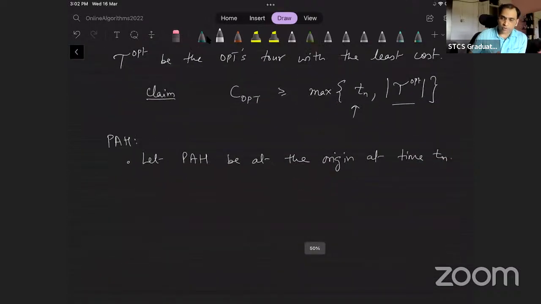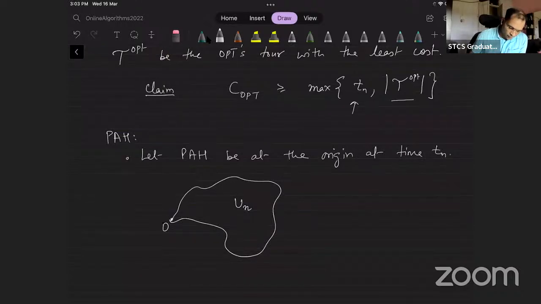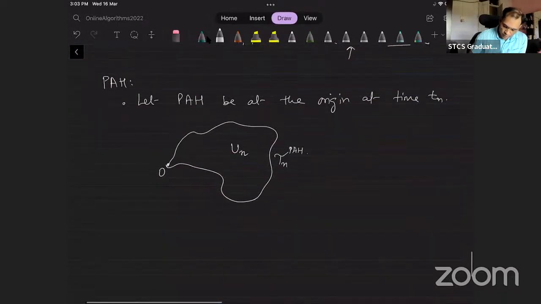So tell me, what is the cost of PAH going to be under this case? So you're standing on the origin. You have a set of unfulfilled requests. Let me call them U_n because time is Tn. So it's going to start some optimal tour and come back to the origin. Correct? And let that tour be T_n^PAH. So can you tell me the cost of PAH?